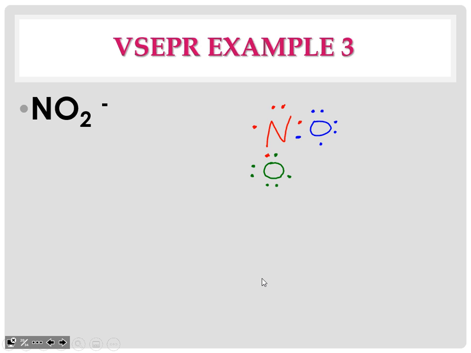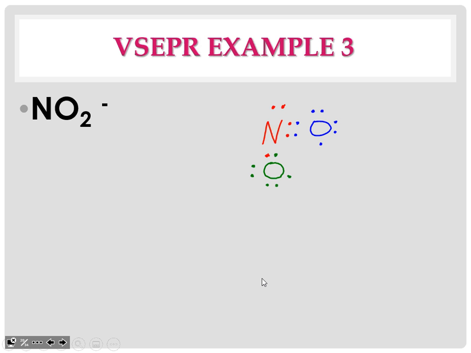Now, you notice nothing is obeying the octet rule here yet. So what I'm going to do is take this 1 electron that nitrogen has right there, and make a double bond between this nitrogen and this oxygen.